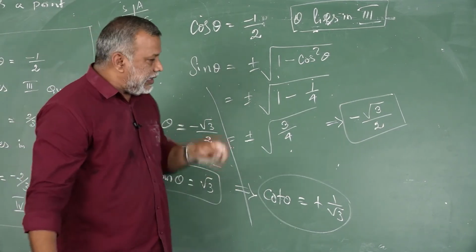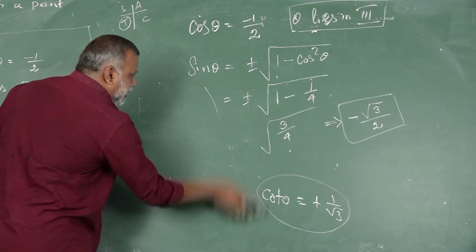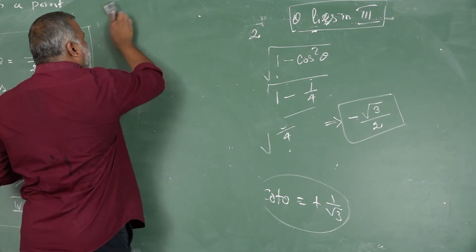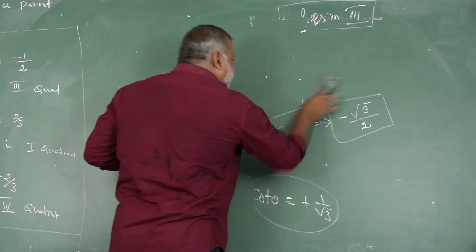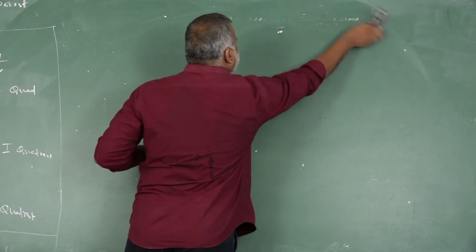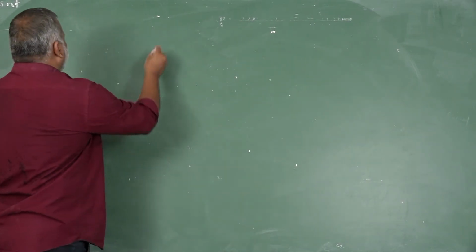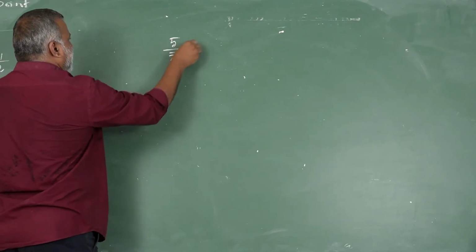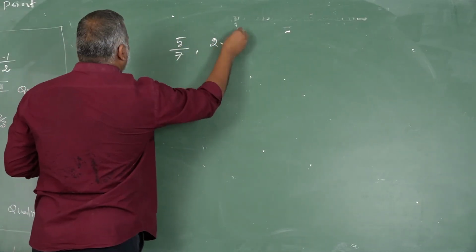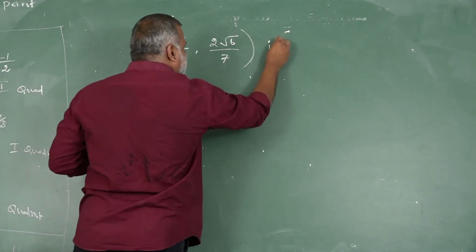Now listen, related to this, one more type of question we can discuss. It also depends upon the quadrants. We are able to find the trigonometrical values. Now listen: 5 by 7, comma 2 root 6 by 7 is a point.